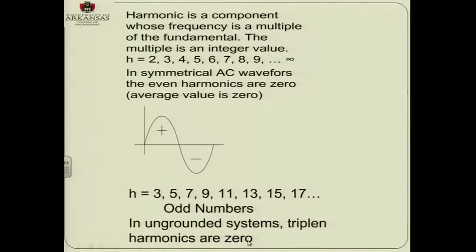Think of an induction motor. What is an induction motor? A three-phase load connected in Y. The Y is normally inside the motor, but it's not grounded. The frame is grounded, but not the star point of the motor.